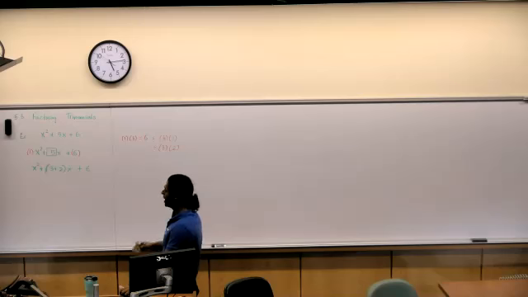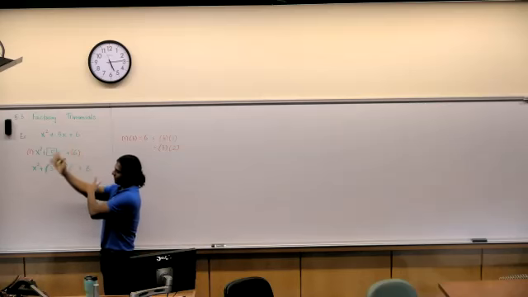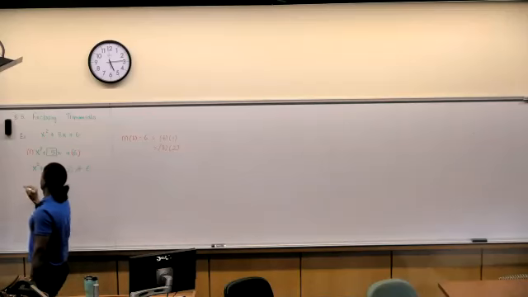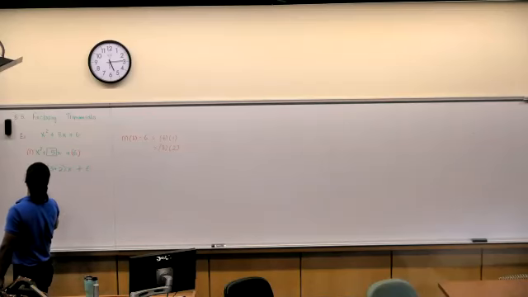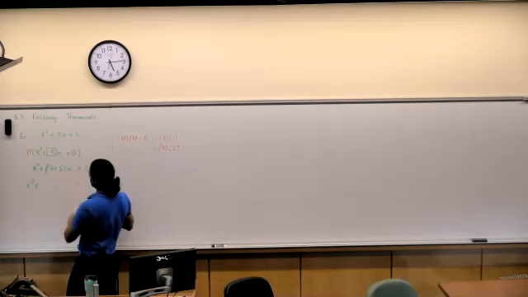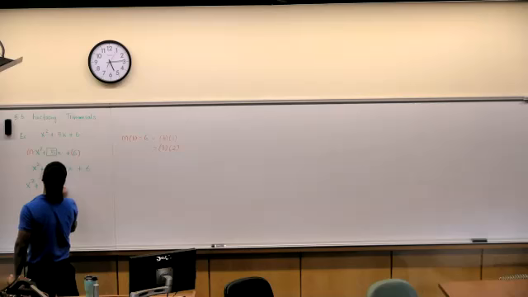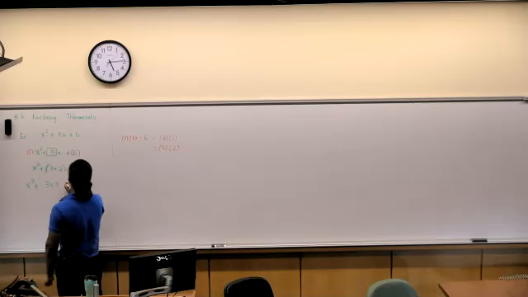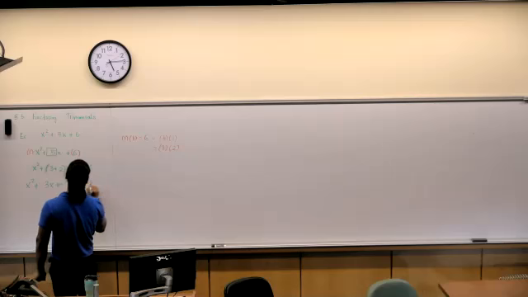So I'm introducing a new term so that I can factor easily, because that is just useless by itself. X squared plus 3 times x, 3x, plus 2 times x, 2x, plus 6.